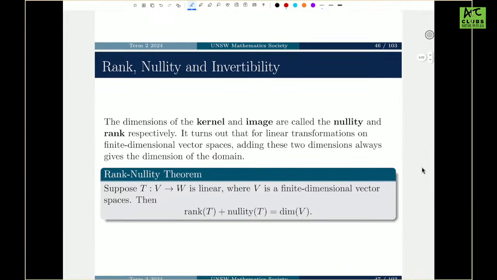And we have this rank-nullity theorem that relates the rank and the nullity of a transform. This should be clear from perhaps first year. The sum of the rank and the nullity is the dimension of the input space.